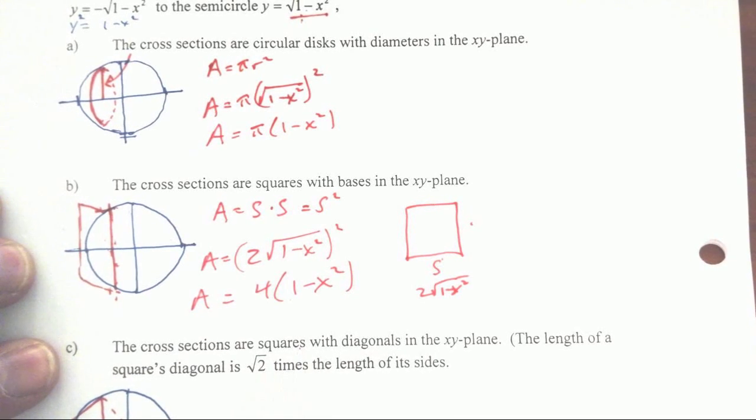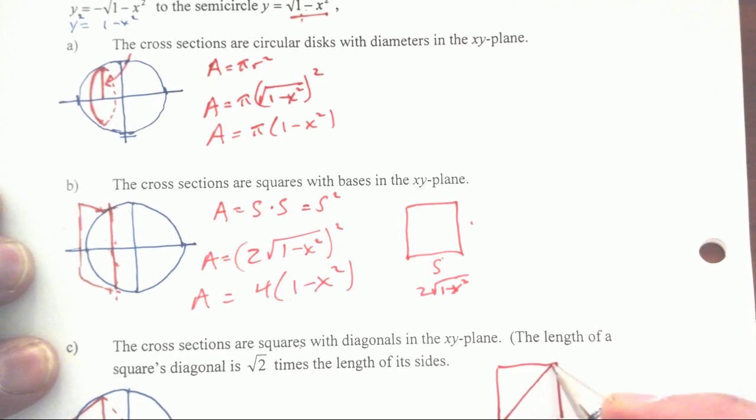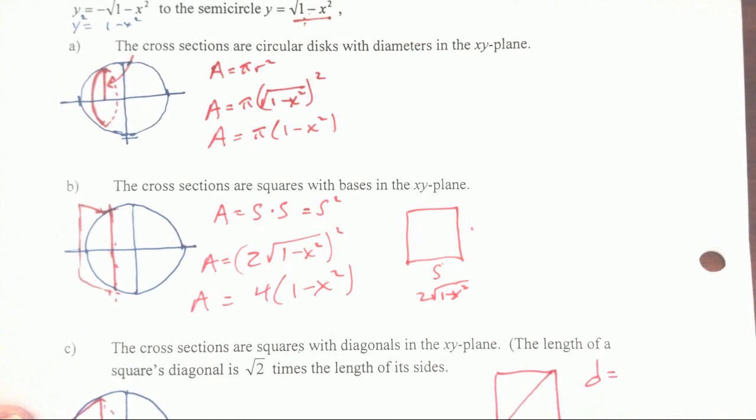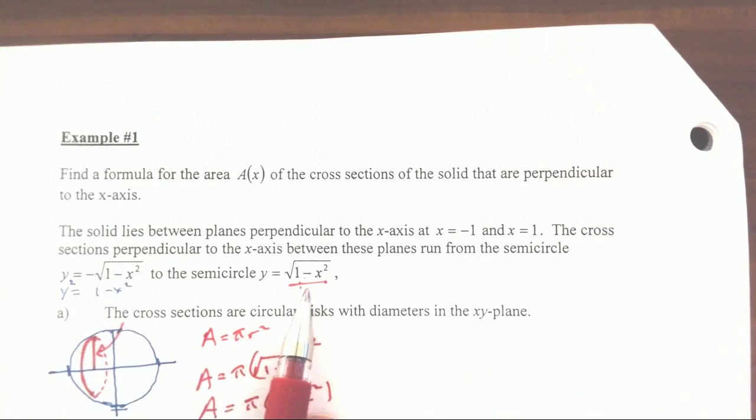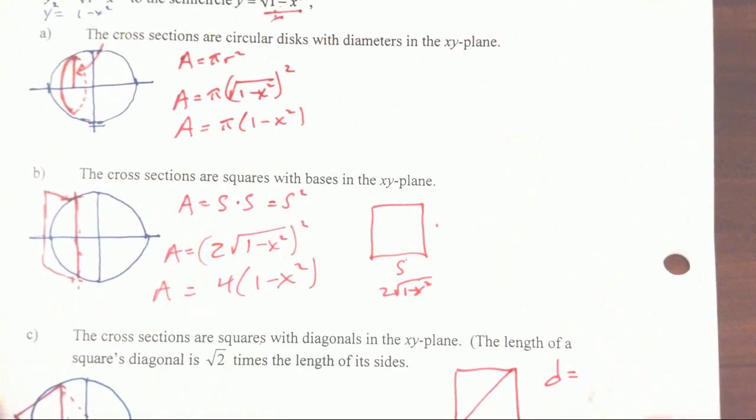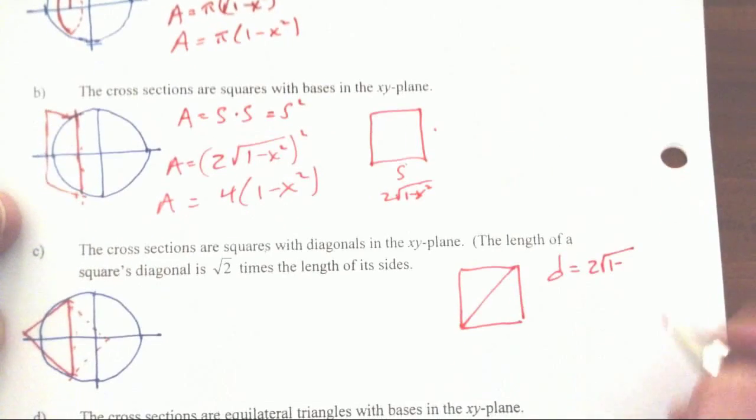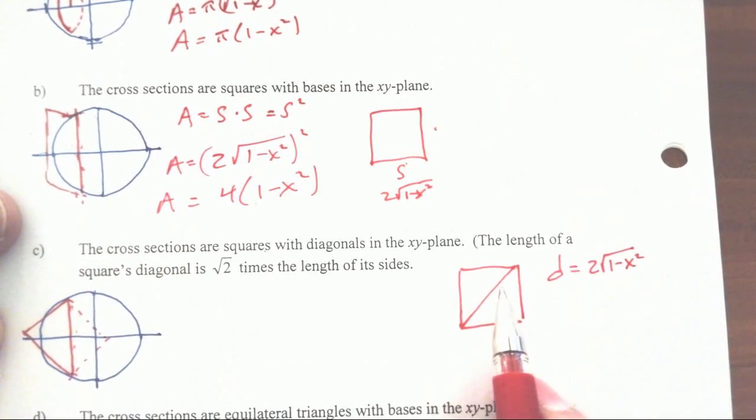There's still squares. And in our square, I'll use this over here, we know that the length of the diagonal is 2 of these. So the diagonal is 2 times root 1 minus x squared.